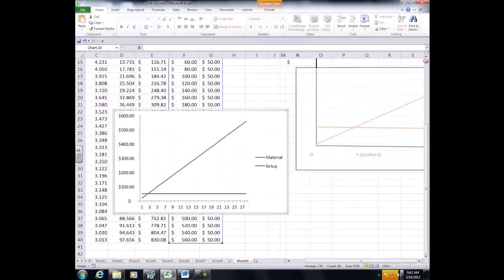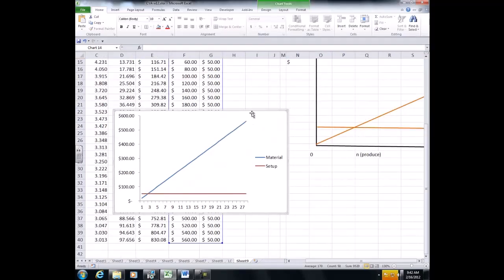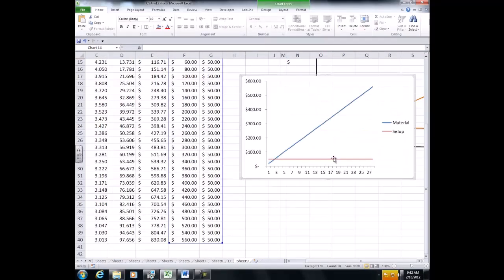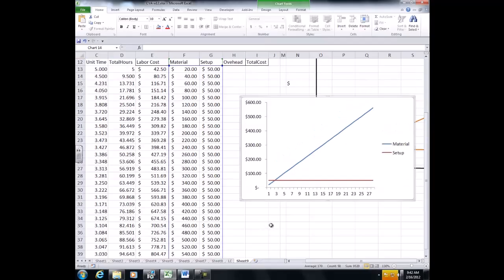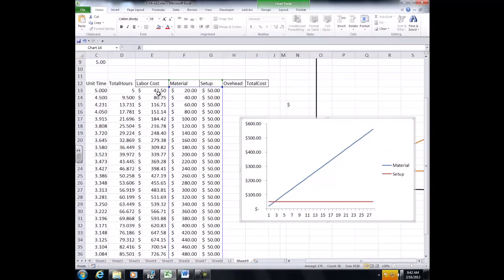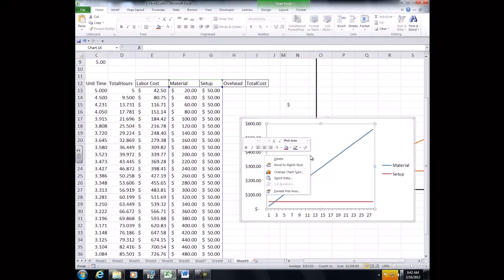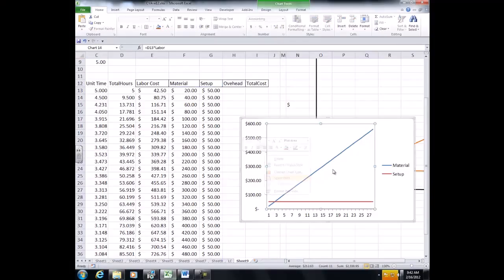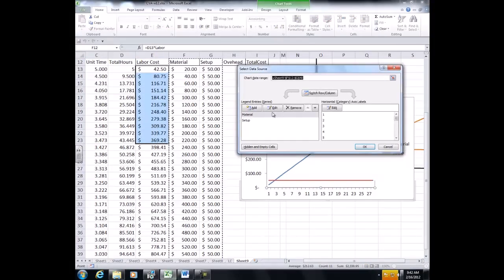Cover that up. The labor cost can be superimposed onto this graph. You can do right-click, select data, and we will add another column.